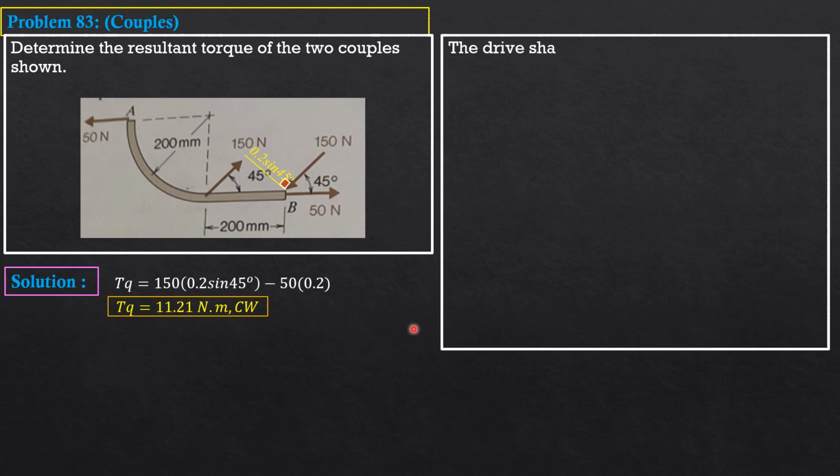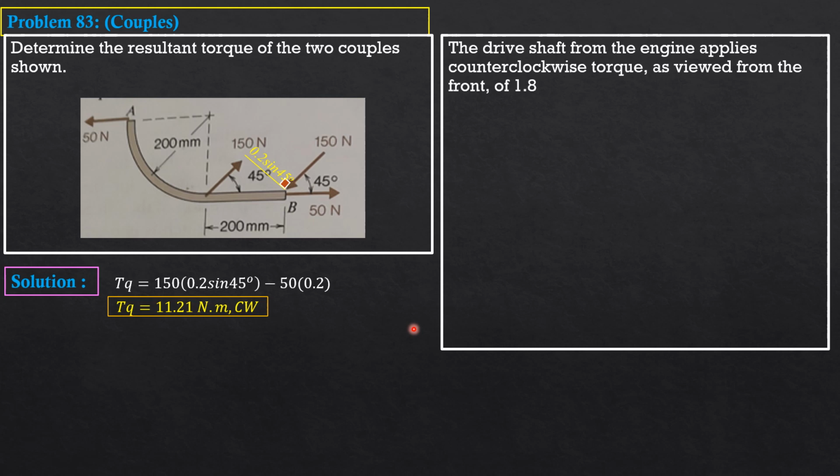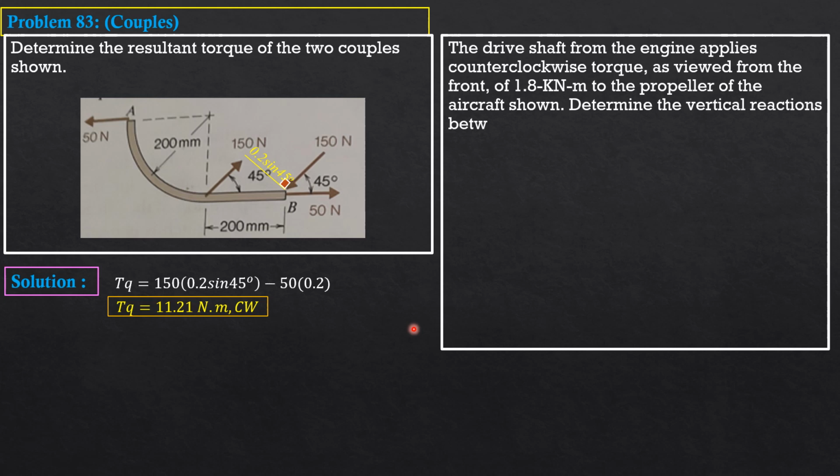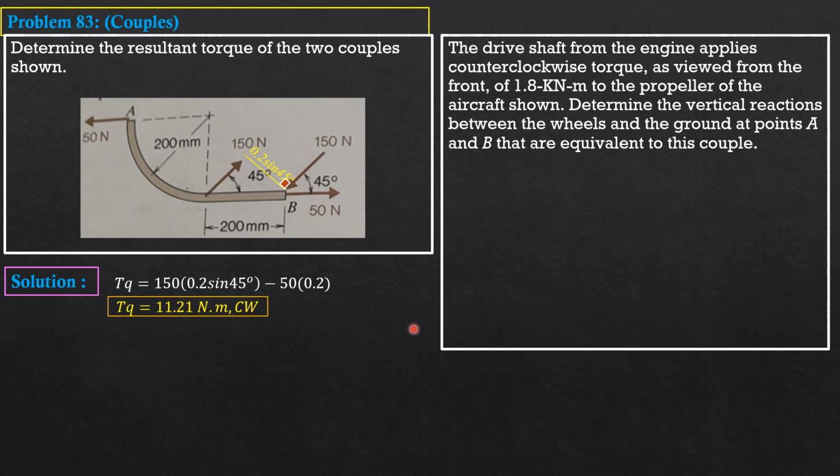Now for your part, the drive shaft from the engine applies counterclockwise torque as viewed from the front of 1.8 kilonewton meter. So the torque developed is 1.8 kilonewton meter to the propeller of the aircraft shown.